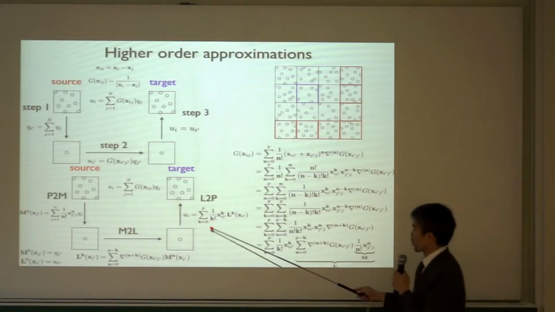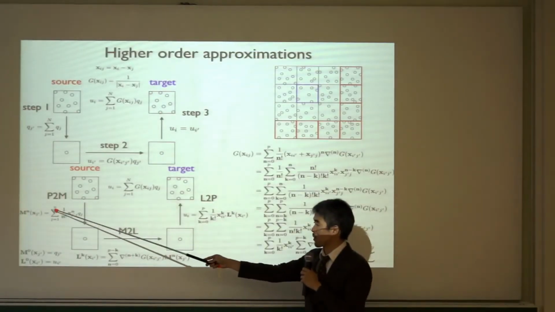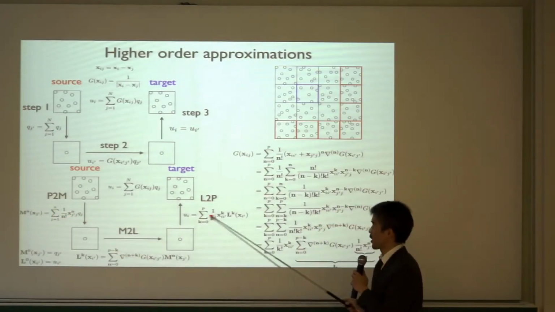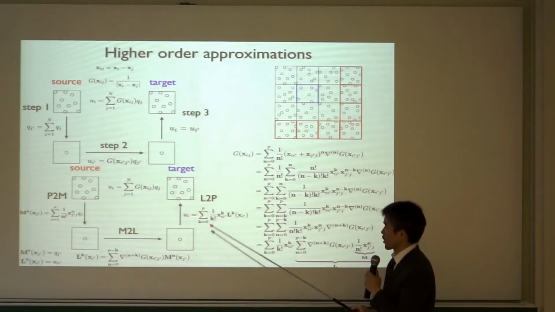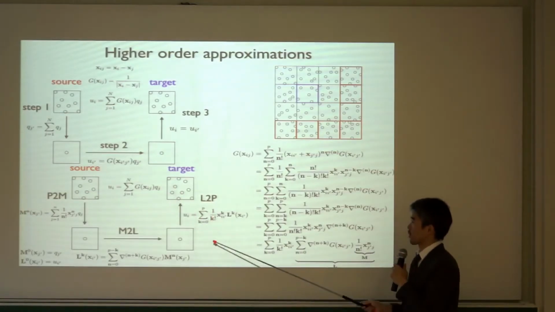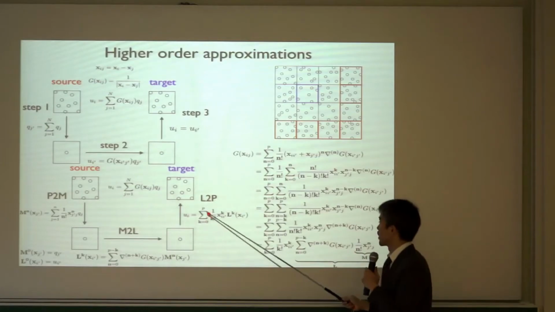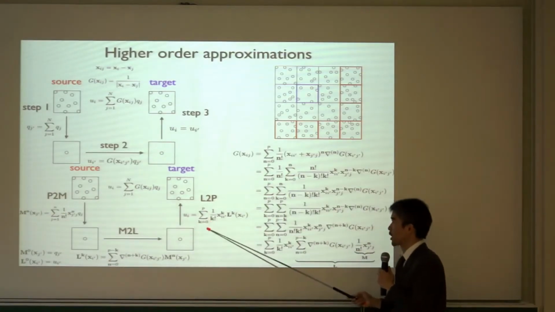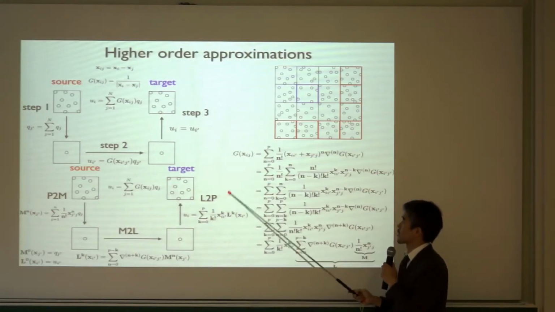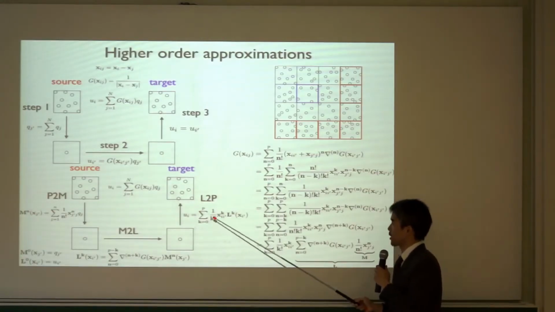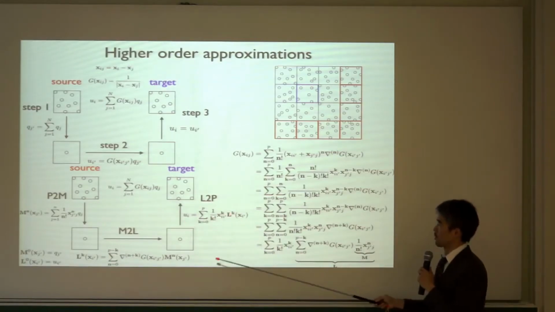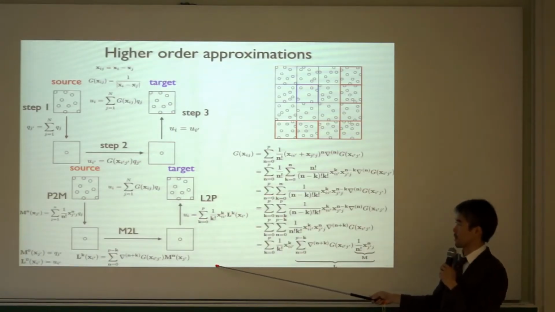So by just simply increasing more terms here and more terms here and more terms here, we can get infinitely accurate solutions if we can use high enough order arithmetic operations. We can get any accuracy, because we can just keep increasing the order of the Taylor expansion.